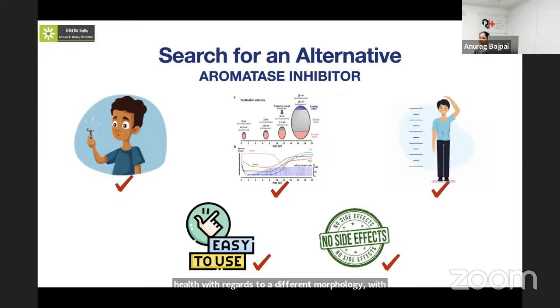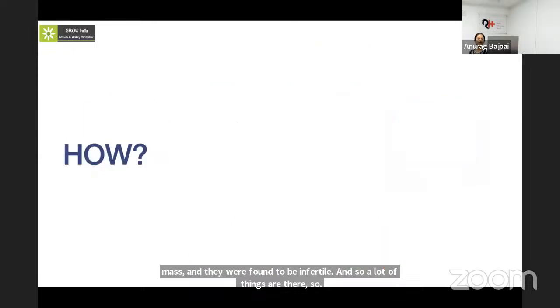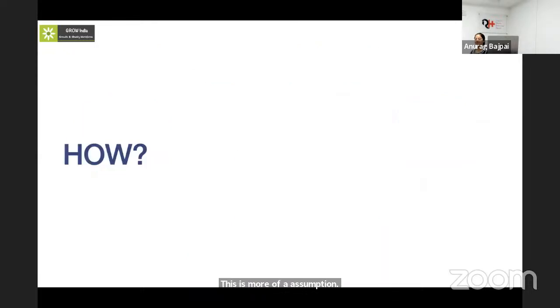If you talk about aromatase deficient individuals, males have been found to have low bone mass, and they were found to be infertile. So this is more of an assumption, and then you're giving a daily drug. So these are all issues there.